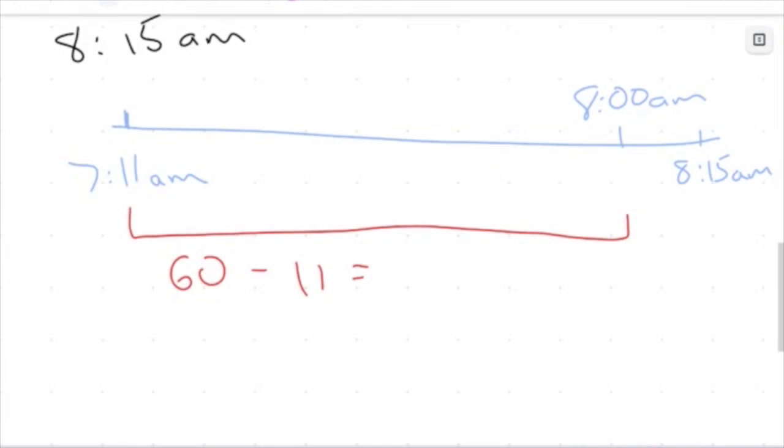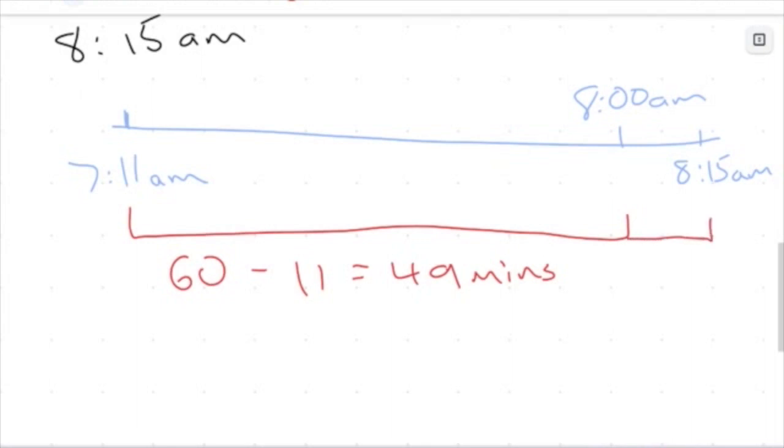So if I put that in my calculator, well, I could have probably just done it in my head, but I'm feeling a bit lazy today. So let's just pop it in and we get 49 minutes.